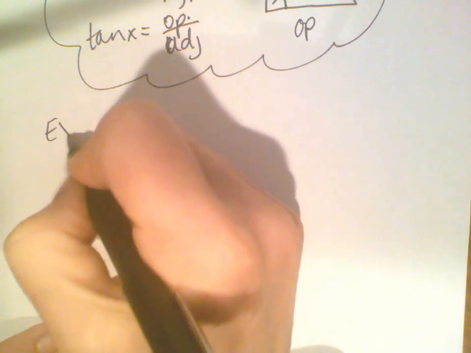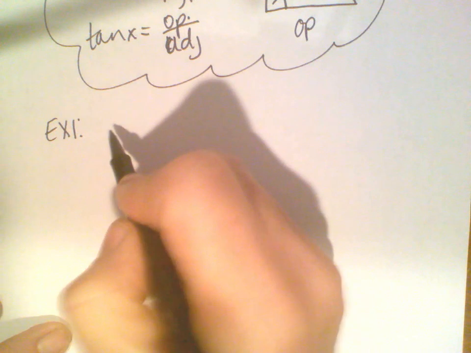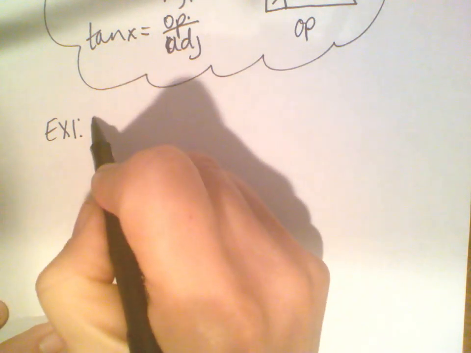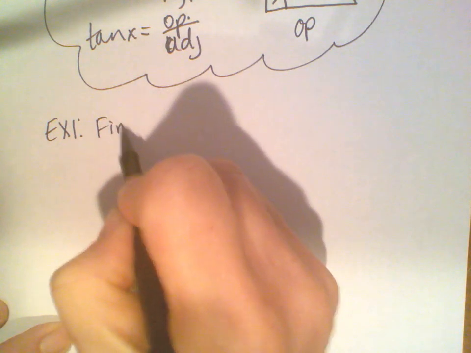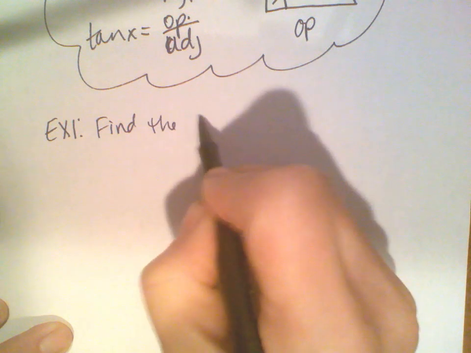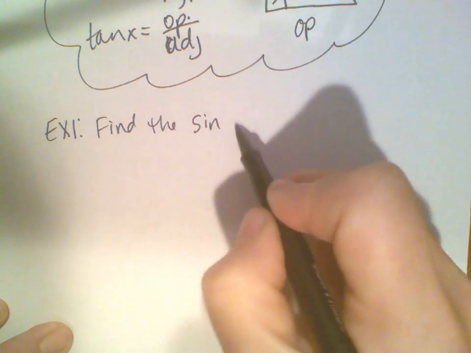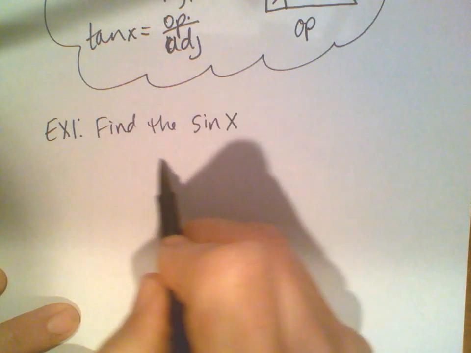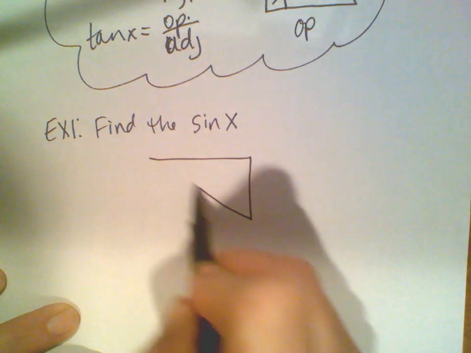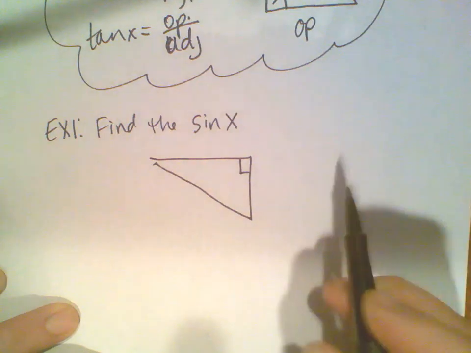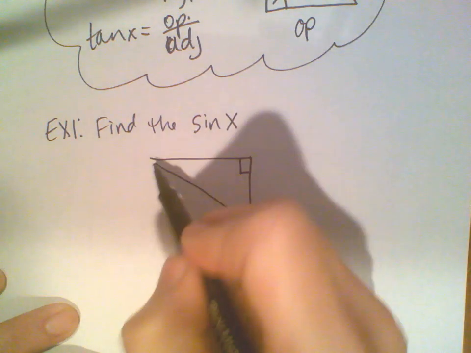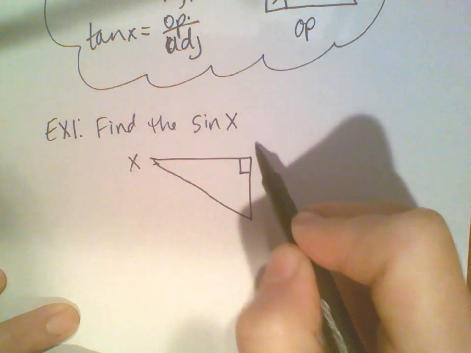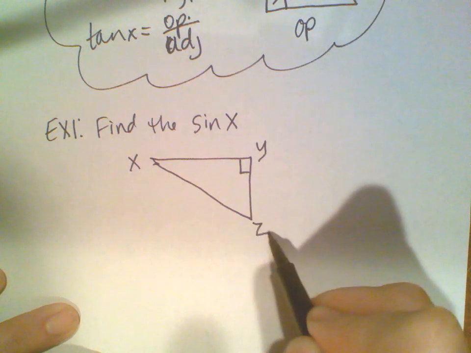So for example 1, if I want to find the given trig function, find the sine of x, for instance. So I'll be given a right triangle, and my right triangle will have some labels like maybe x, y, and z.